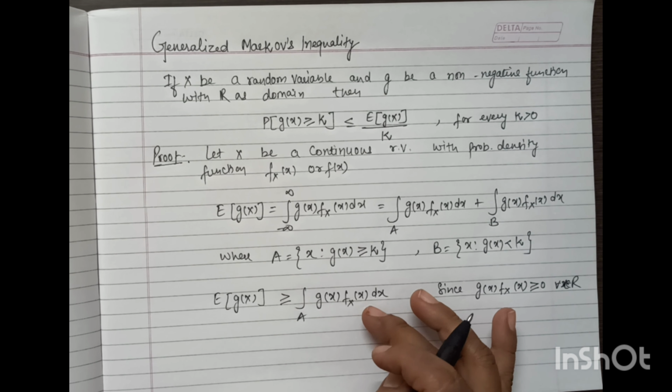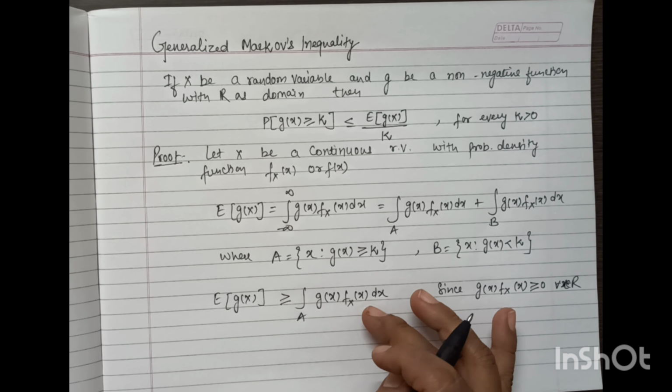The reason is the value of the function is greater than or equal to k for all elements in this set. And now solving this, k will appear outside and we are left with the integration of this only, which is nothing but the probability that g(x) is greater than or equal to k.